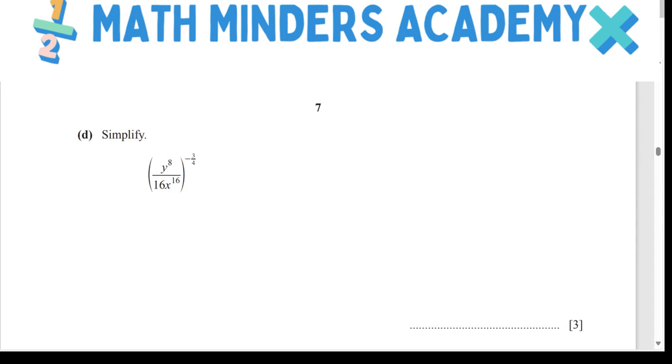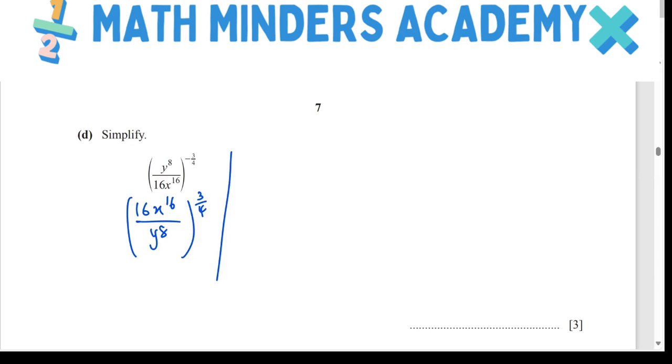Of course, we can take the reciprocal of this. So if we do 16x raised to power 16 all over y raised to power 8, so this can come as 3 over 4, okay? So now we can do something.